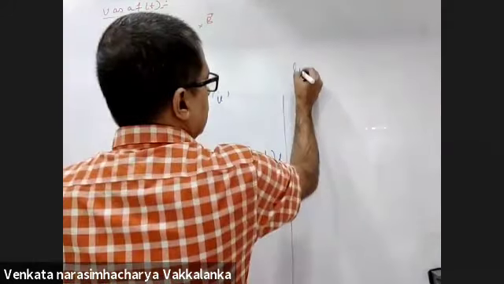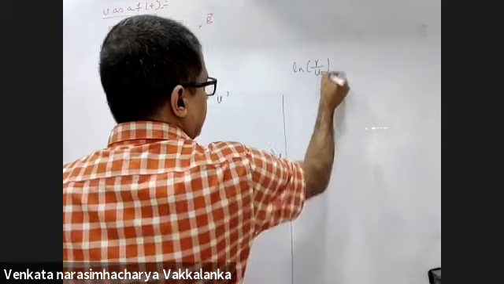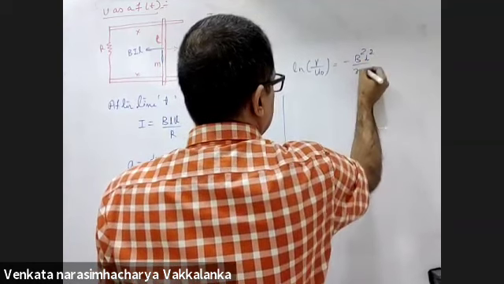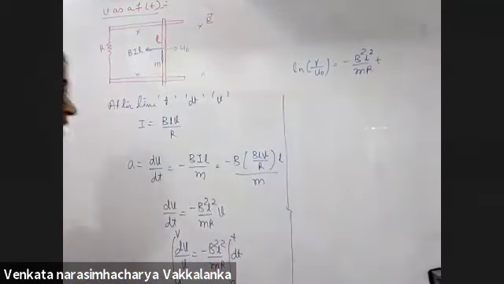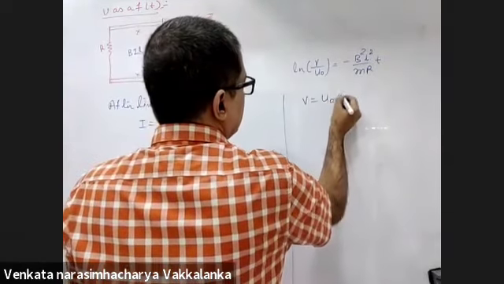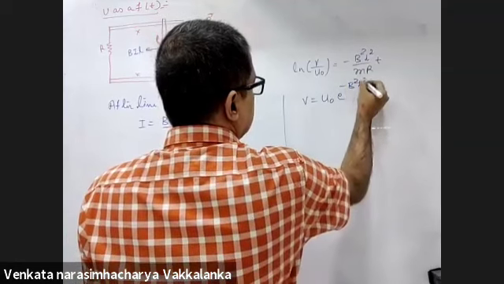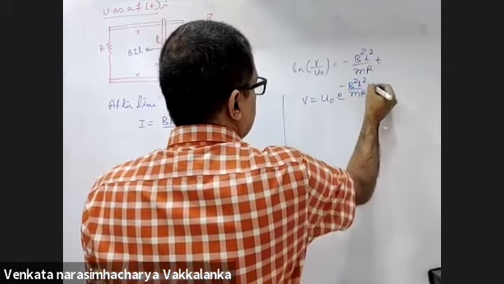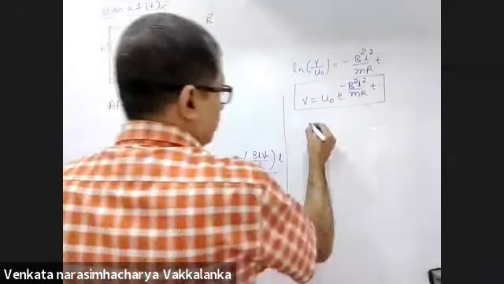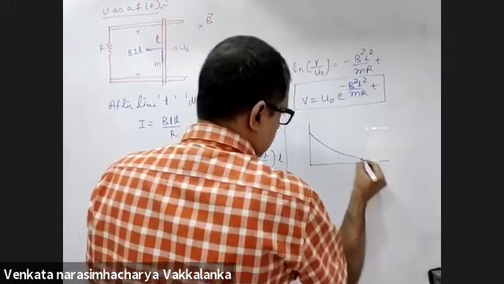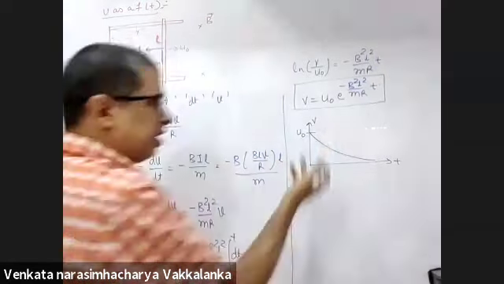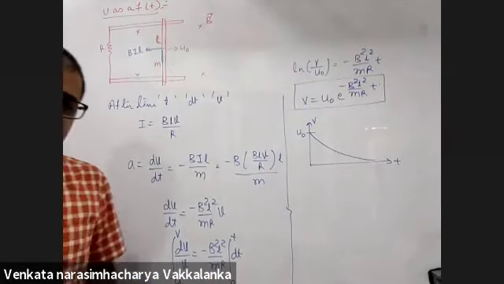This will be ln of v by u naught is equal to minus B square L square by MR into t. v is equal to u naught e to the power minus B square L square by MR into t. You mean to say the graph for velocity will be exponentially decreasing. It will never reach zero.